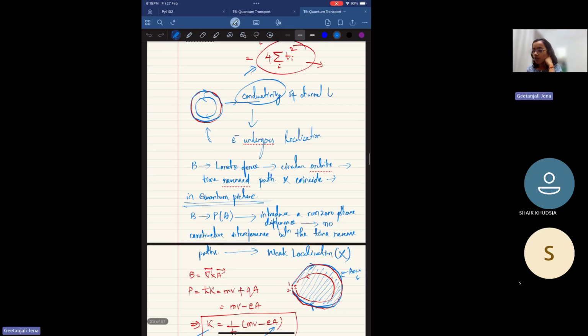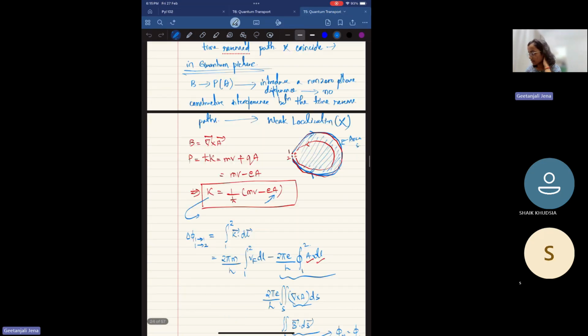But here it's the returning probability. So forward is 4, and backward is 4 again. So I think it should be 4 times.